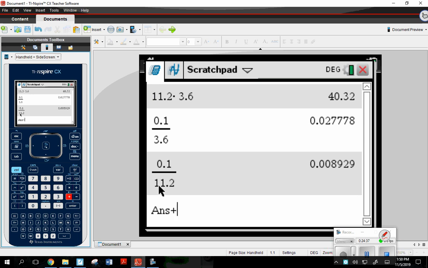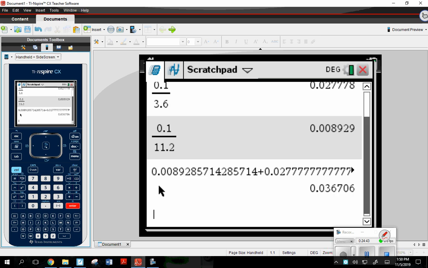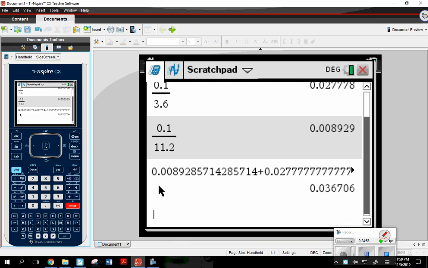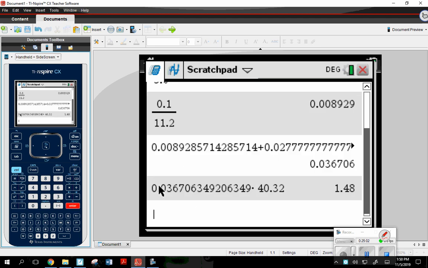So I'm going to take this plus this right here, and there's that same 3.67%. Now remember, I'm going to multiply that by what? What did we get when we took the 11.2 times the 3.6? That original value, 40.32. So I'm going to multiply 40.32 and I'm getting 1.48.